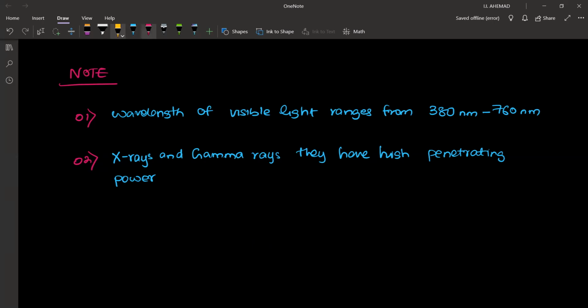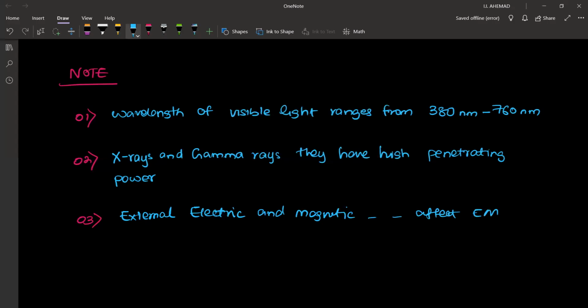Third, you'll have a question. Use the common knowledge or the general knowledge and tell me if electric field and magnetic field will affect electromagnetic waves. Will they affect? External electric and magnetic field, do or do not affect EM waves.